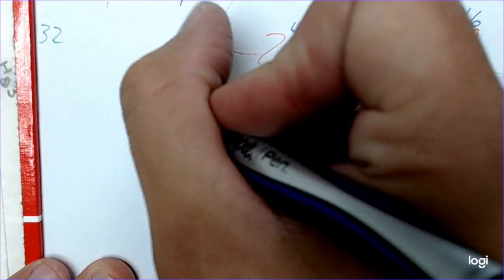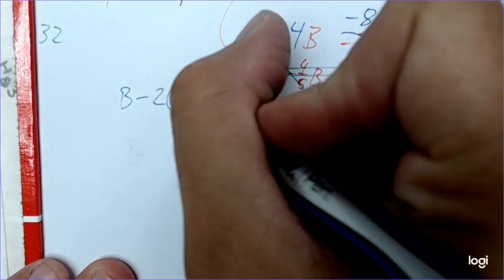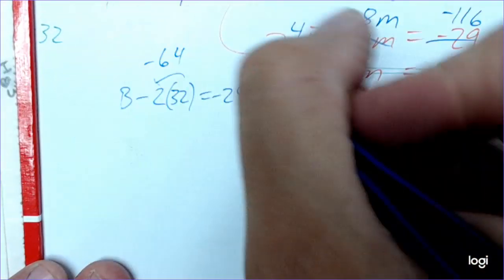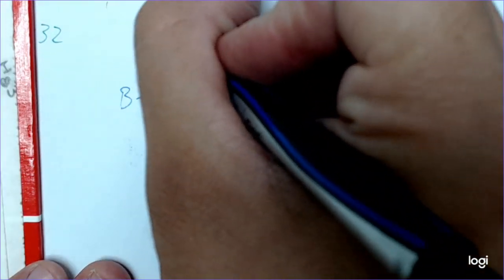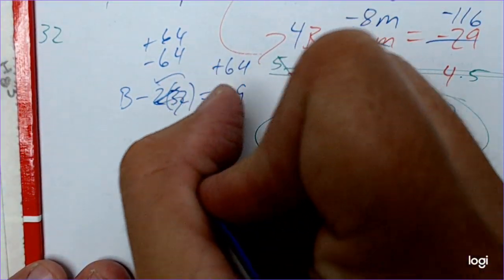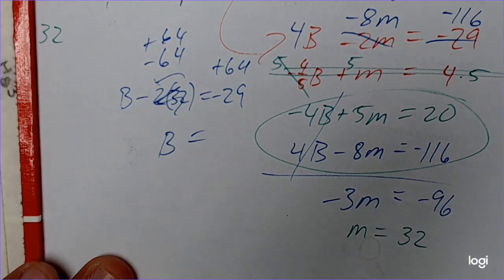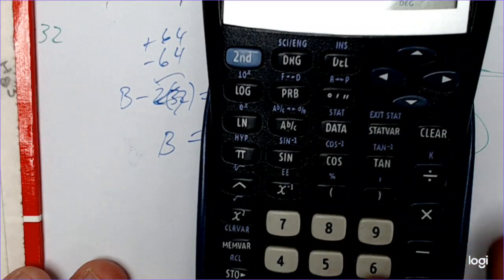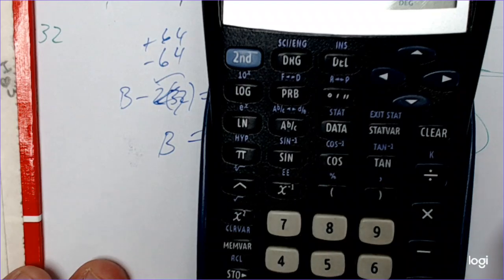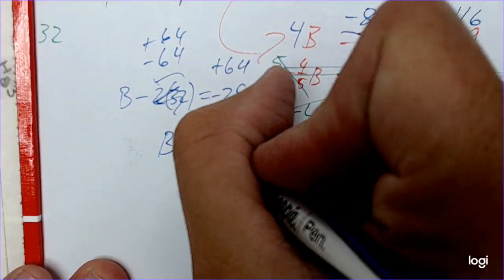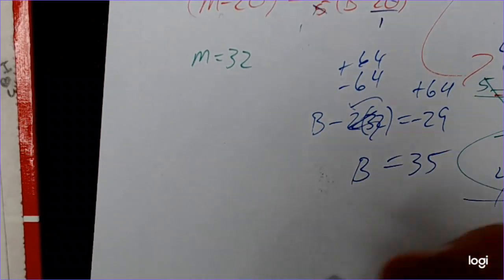So if I've got b minus 2 times 32 equals negative 29, that's going to become negative 64, right? Add 64 to each side. So then b is going to equal 64 minus 29, which is, oh, my brain's not working right now, 35. So Barbara is 35, and that is correct.